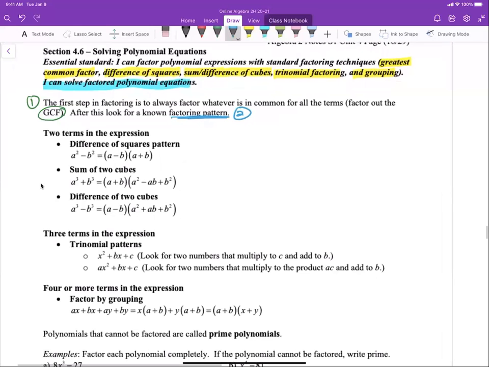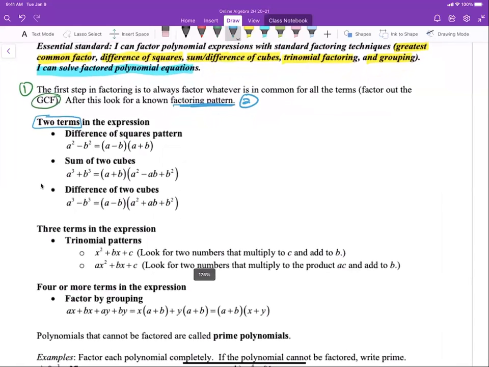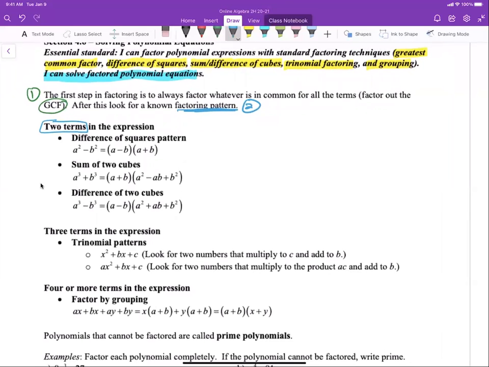Our first pattern is two terms. If I have a two-term expression in your polynomial, then we are looking for either the difference of squares pattern, the sum of two cubes pattern, or the difference of two cubes pattern. So let's talk about the difference of squares.